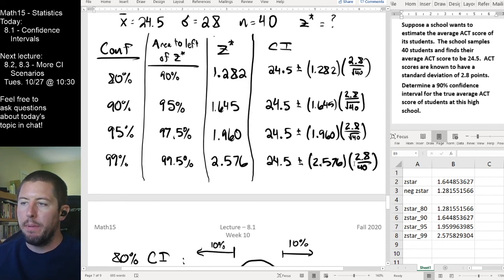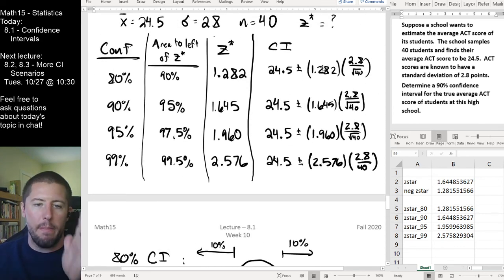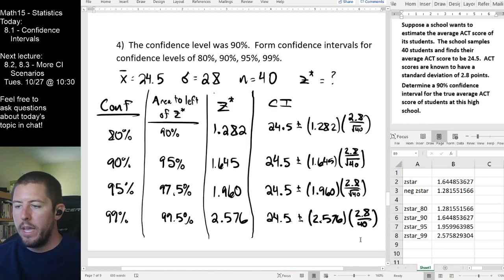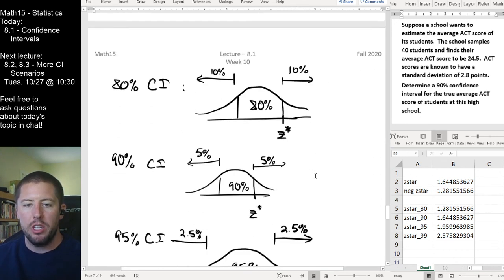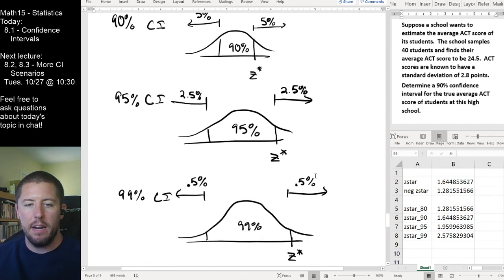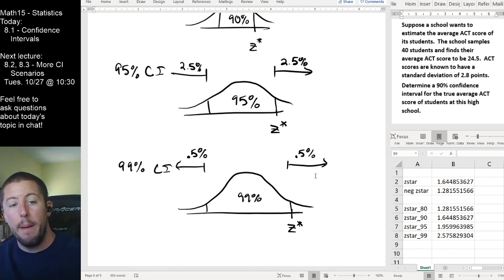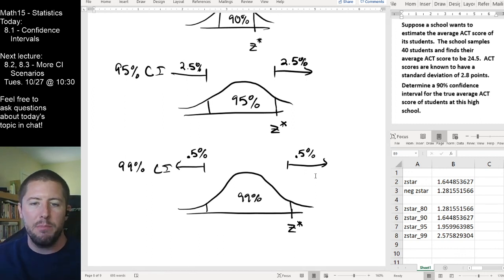So again, I'm stopping a little bit short of actually forming a lower bound, upper bound confidence interval here, but certainly we can see the piece that's changing, and very important, you can see where we are getting these values. I think these pictures are the super important ones for us to take away from this today. We can find z-star, our number of standard deviations of interest to capture a middle percentage, and it is always going to be 100 minus the middle percent of interest, divided by 2.